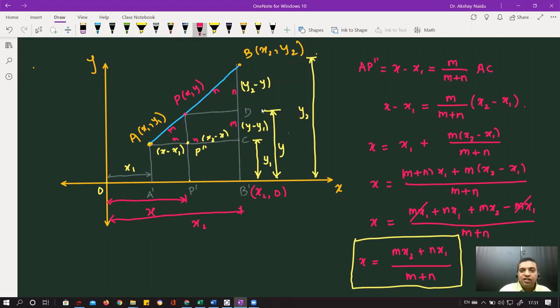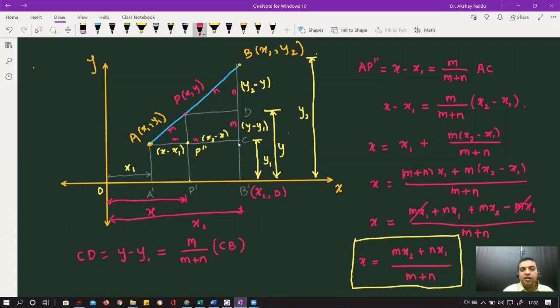So now I will write for y here. This y minus y dash, or the CD, is y minus y1, CD will be m by m plus n times the total length CB.